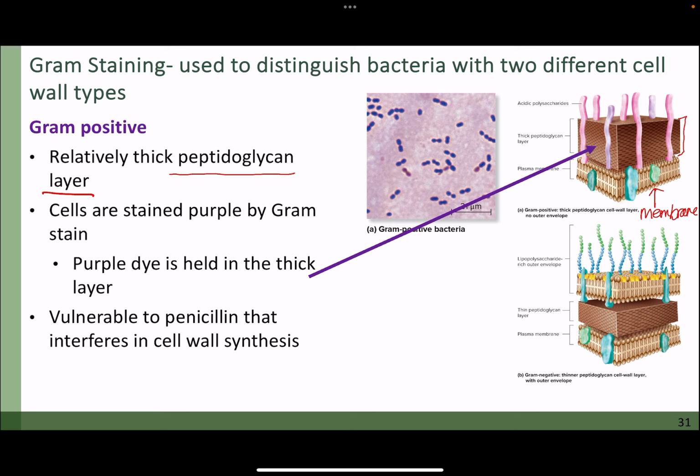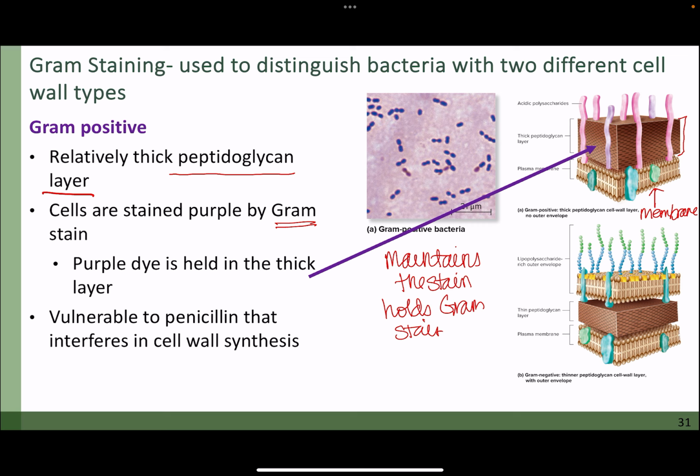We call these gram-positive because when we do this gram stain process, that thick wall maintains the stain. So it holds that gram stain. Now it does that because it's that really thick wall. It sort of gets integrated into the wall of the bacterial cell.